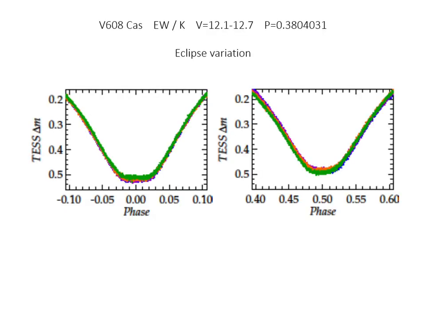Now, this is nothing to do with any of those, but this is eclipse variations in this star, which is a W Ursae Majoris system.